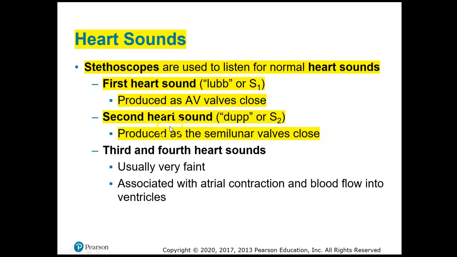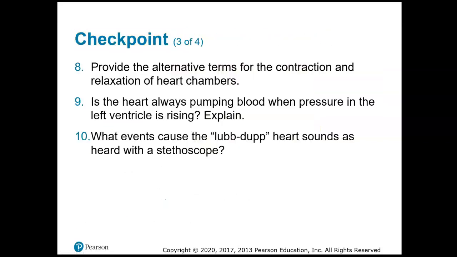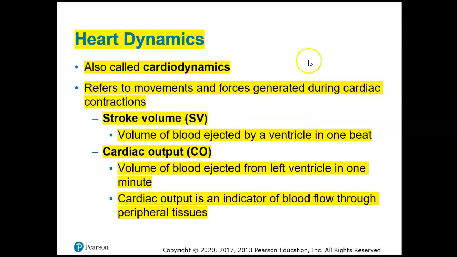And the second heart sound comes from the closing of the semilunar valves. So the tricuspid and bicuspid valves closing causes the first heart sound. Then the aortic and pulmonary valves closing causes the second heart sound. And then sometimes we'll hear other heart sounds for different reasons.